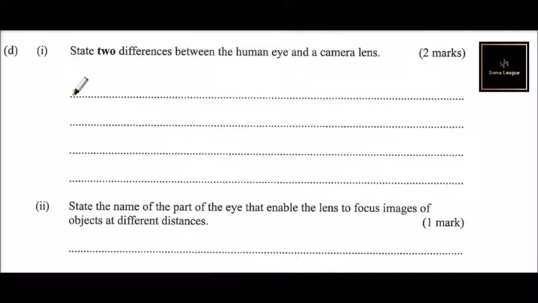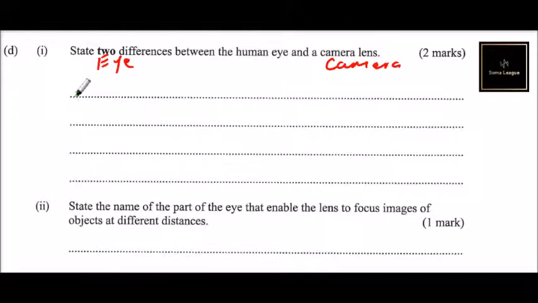Part D of question number 17, Roman number 1. State two differences between the human eye and a camera. To make it easier, we can say this is the eye and this is the camera. I want to put several of them, but you are required to put two.